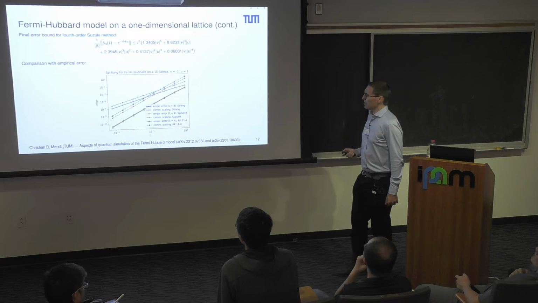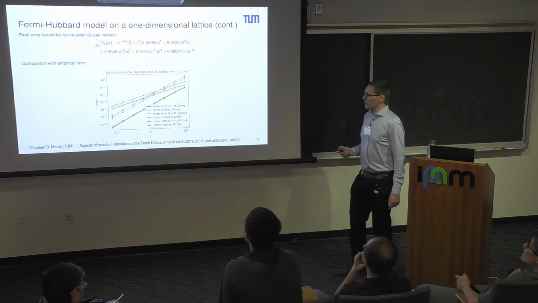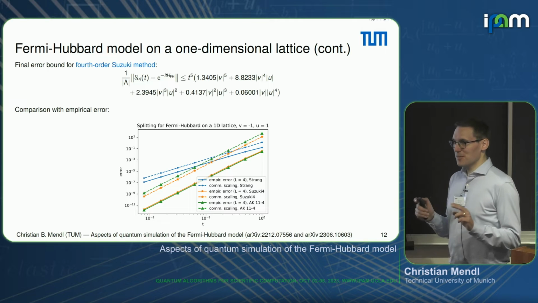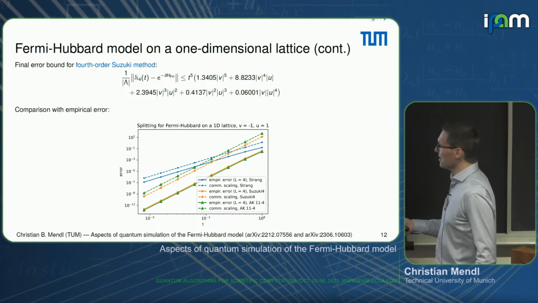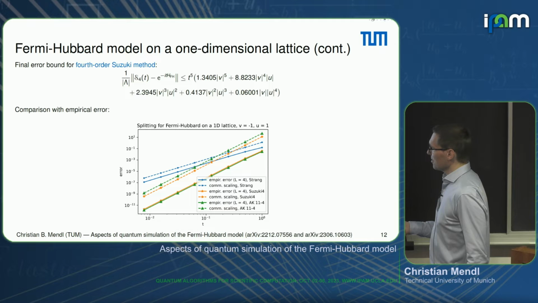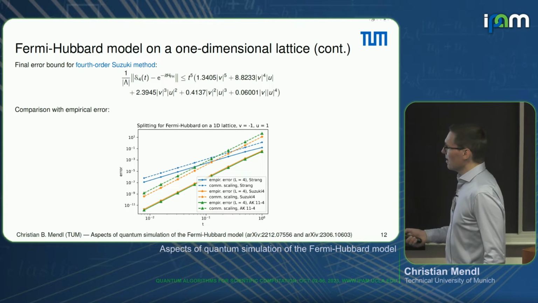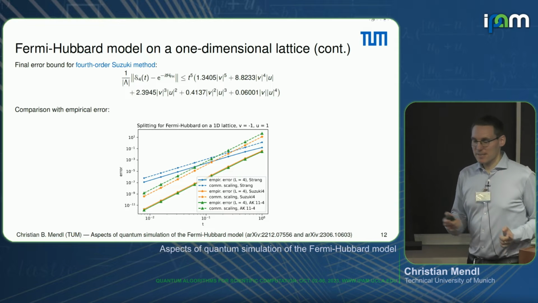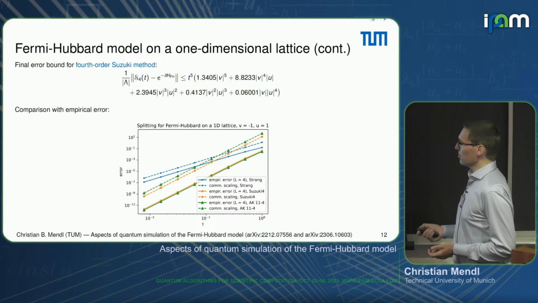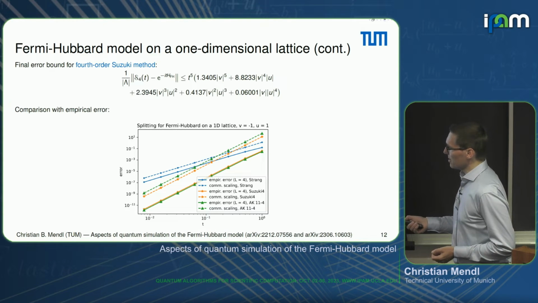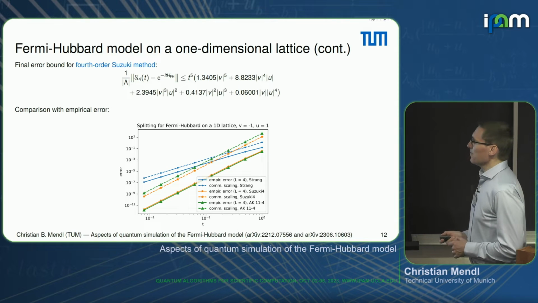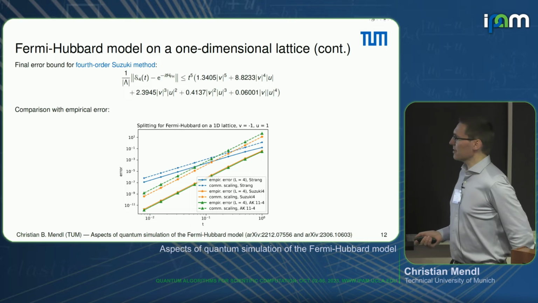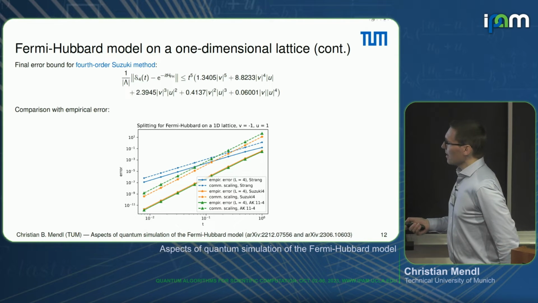What I also show here is, as I mentioned before, a comparison with the true error. The solid, continuous line is the error of the Trotter splitting compared to the exact, numerically exact time evolution. But this is on a small system size, system size 4, just for practical reasons, because otherwise you can't compute the numerically exact time evolution operator.